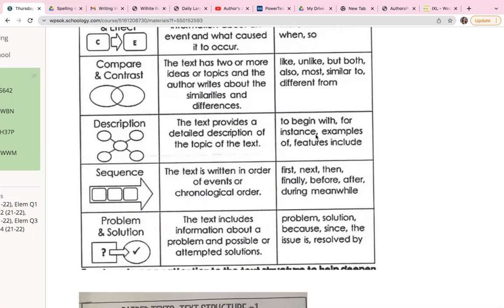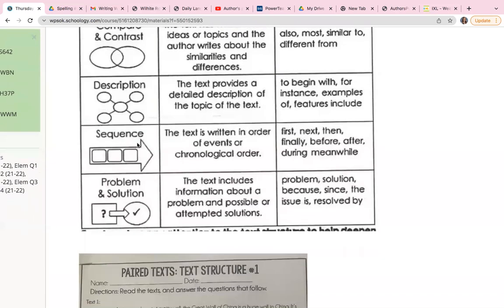So remember, description is always going to have things like for example, these features are, for instance, just providing a lot of information about a specific topic. Chronological order and sequence, remember we have first, second, third, before, after, in the meantime. So there has to be a timeline. Can you put the text structure in that timeline?